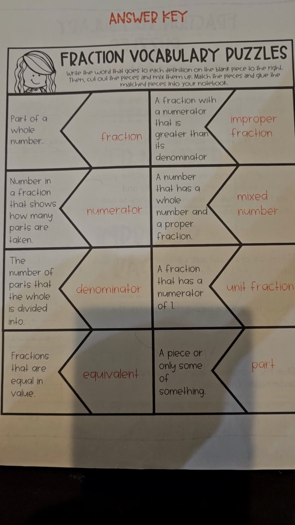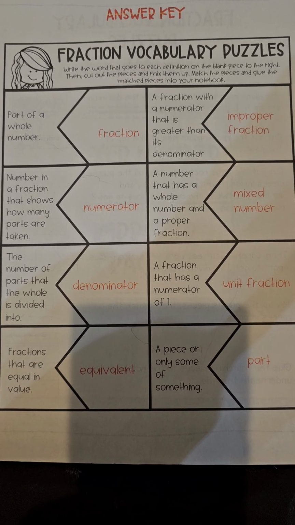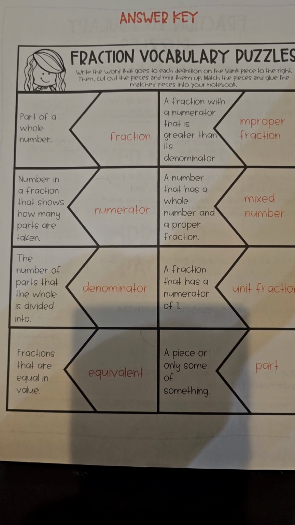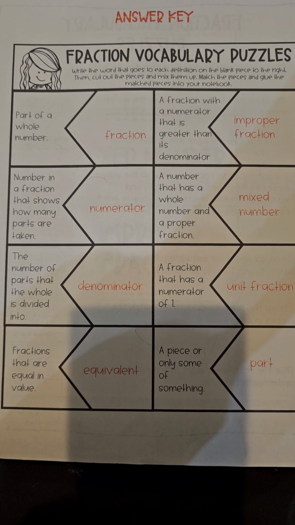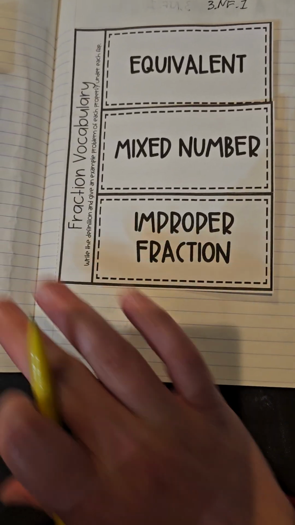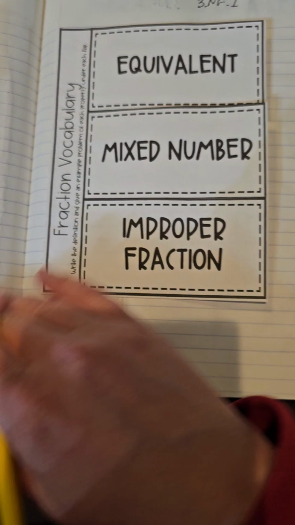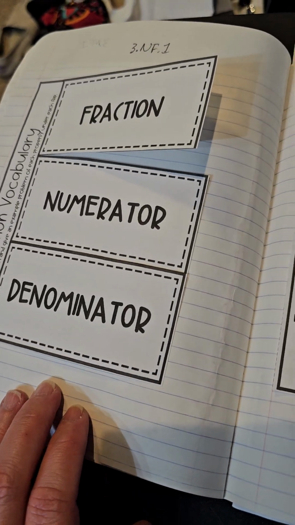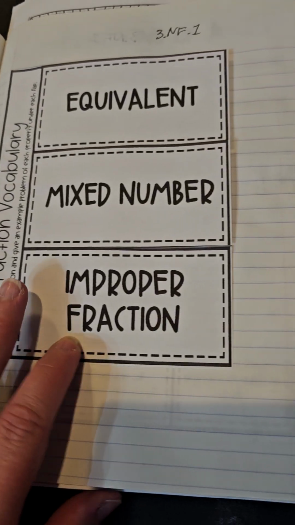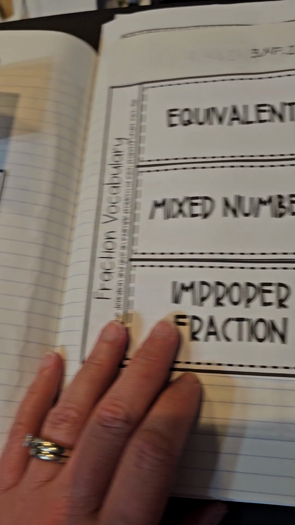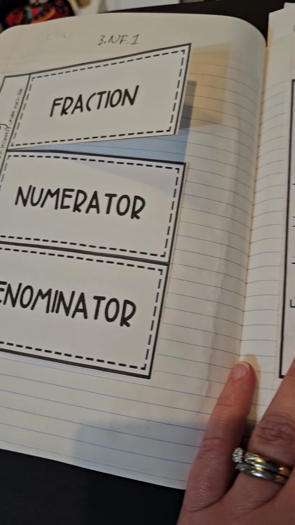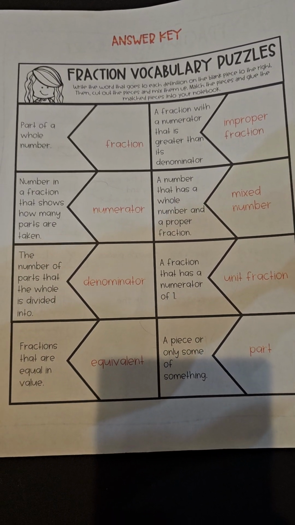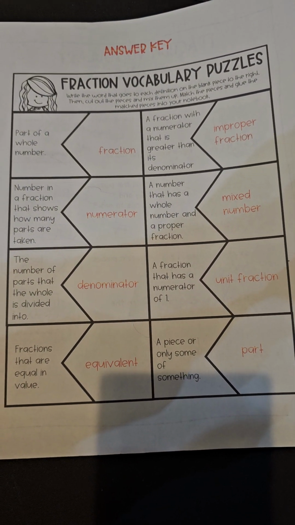And you can use mine so you don't have to flip back and forth if you'd like. It's totally up to you. So pause the video and complete the vocab page for me. There's only 3 on this side and 3 on the other side. And there's 8 on that page. So you're only using 6 out of the 8. So go ahead and do that. Pause the video, write in the definitions under your flaps.